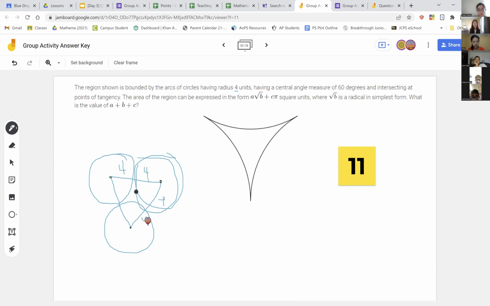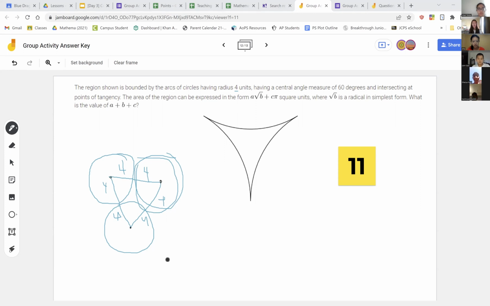So we're trying to find the area of the triangle and then subtract the areas of these sectors. For the area of the entire triangle, we can use the Pythagorean Theorem, or you can use the area of an equilateral triangle equation.